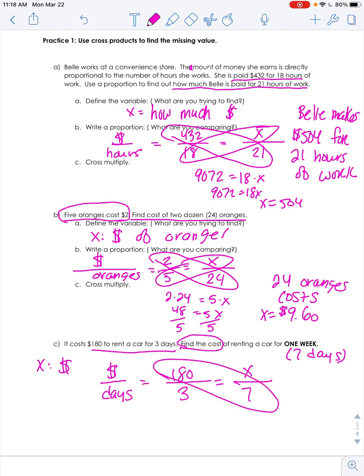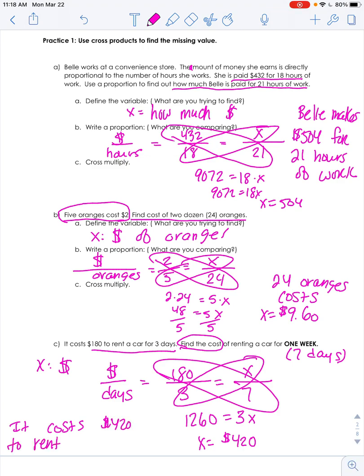So go ahead, cross multiply. So we got 1,260 equals 3x, divide by 3. X equals $420, so it costs $420 to rent a car for 1 week.